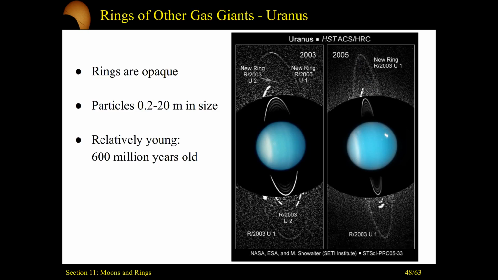The biggest ones are only about 20 meters in size. So they tend to be on the centimeter size scale. And from what we can tell, these rings are very young in terms of planetary timescales, only within the last 600 million years old. Probably a moon that fell into the tidal limit of Uranus and was just immediately obliterated.